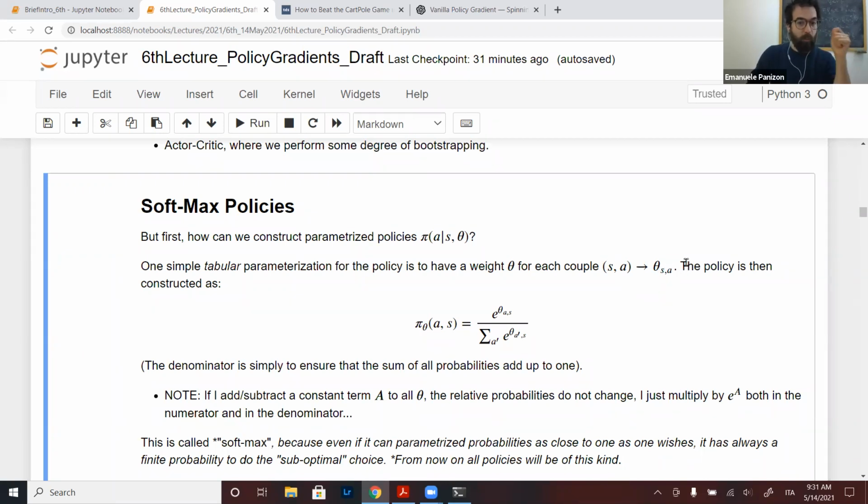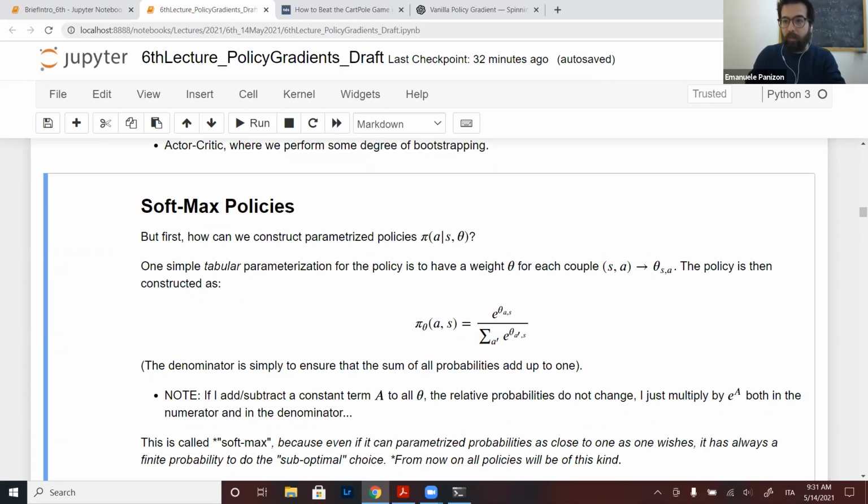Then, whenever I need the policy on a state, I just take this formula here, which says, okay, if I want to know what is the probability of doing action A in a state S, I take the exponential of the parameter for that state and that action above.